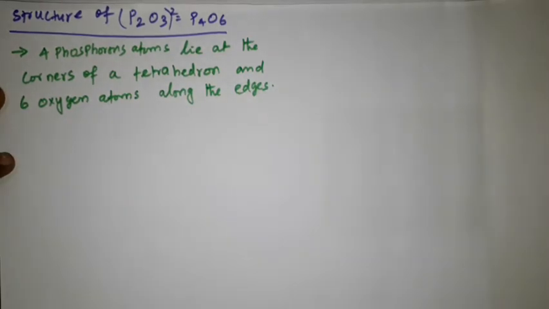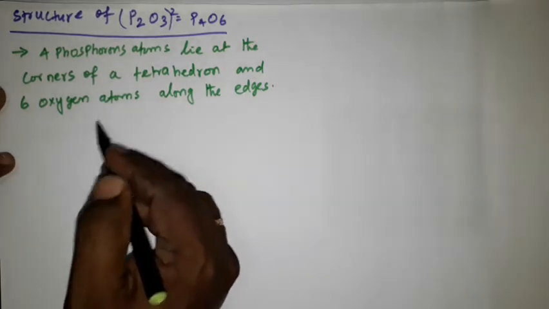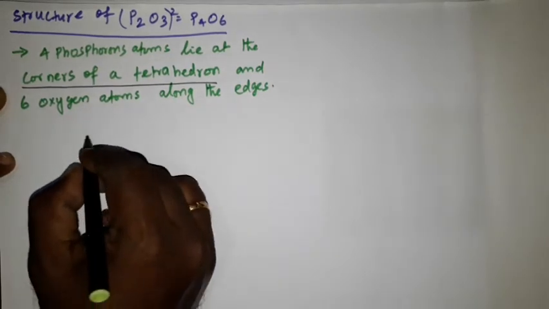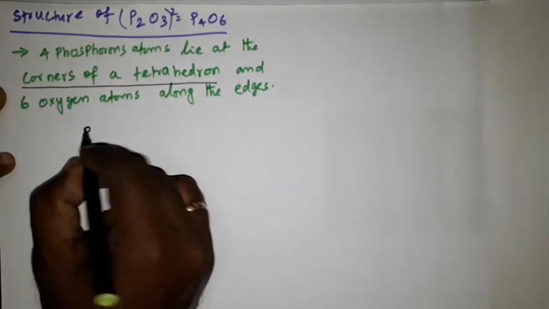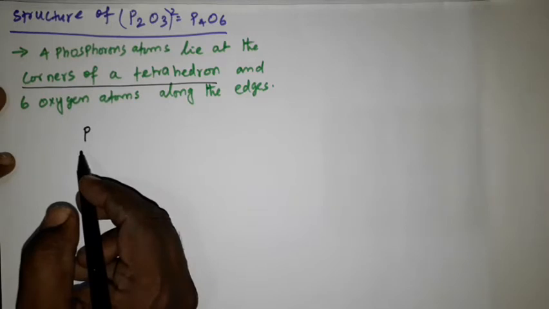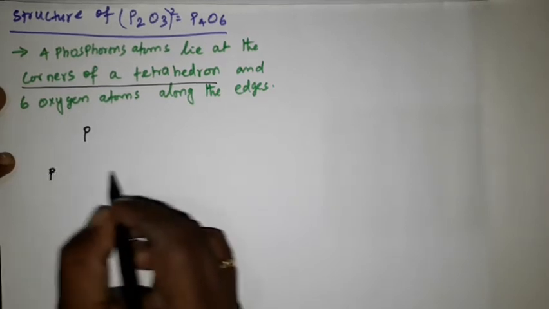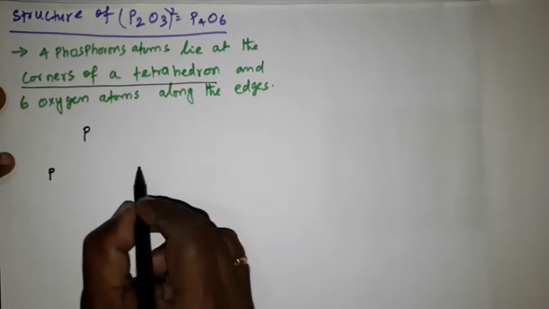So the 4 phosphorus atoms lie at the corners of the tetrahedron. To draw it, write 1 phosphorus atom here, 1 phosphorus atom here, and 1 at this corner.